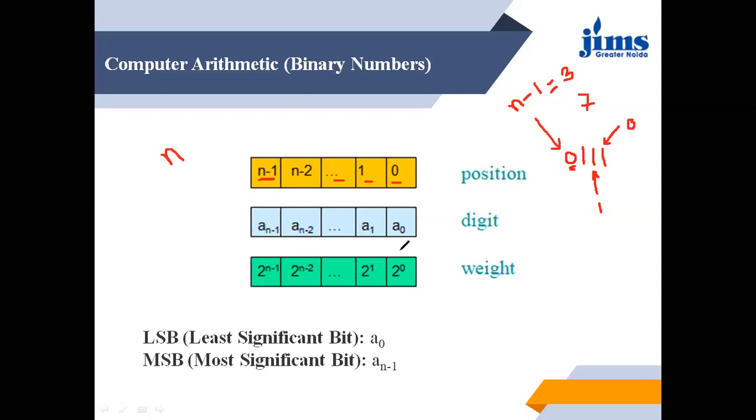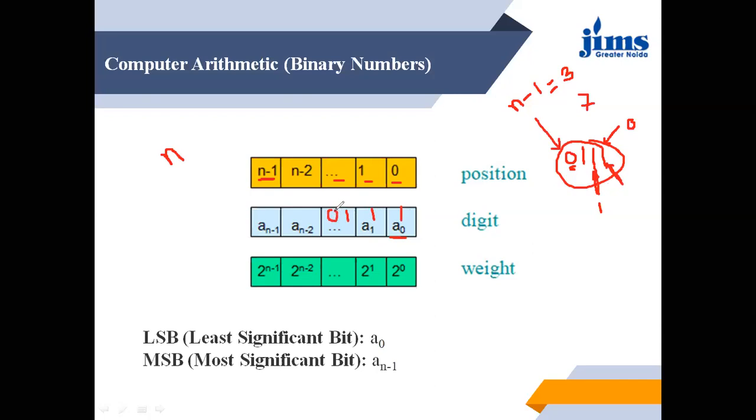Then this is the digit of the number. As in this binary case, this is the zeroth digit, this is the first digit, this is the second digit, meaning it is 1, 1, 1 and 0.